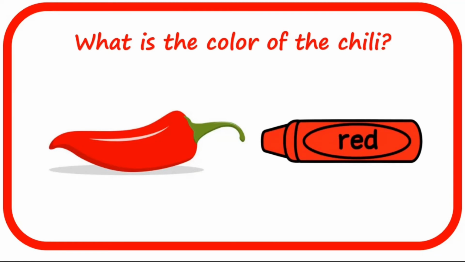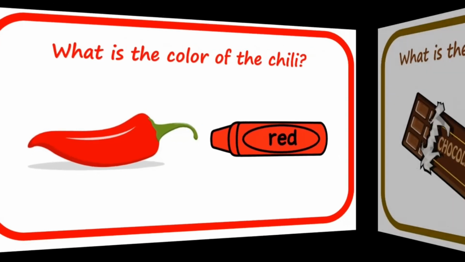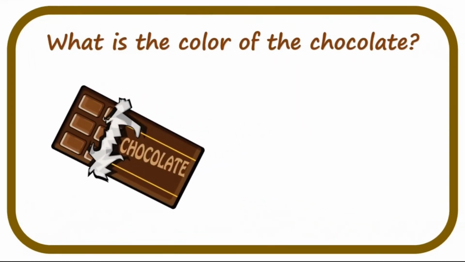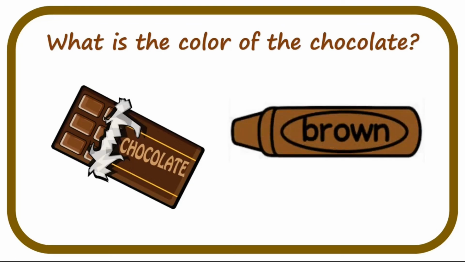The chili is color red. What is the color of the chocolate? Brown. The chocolate is color brown.